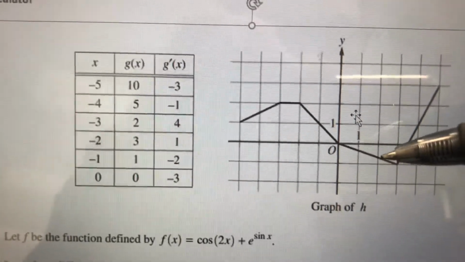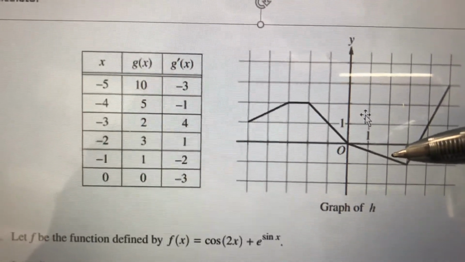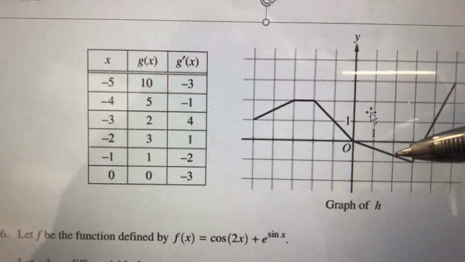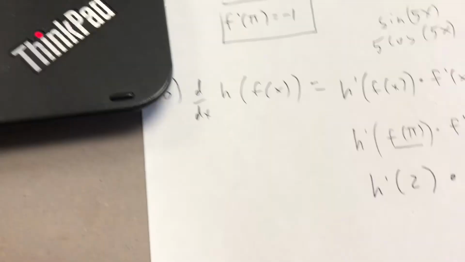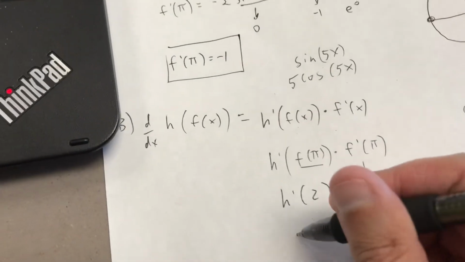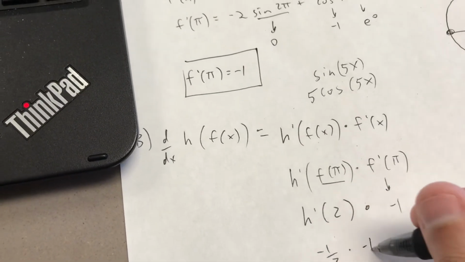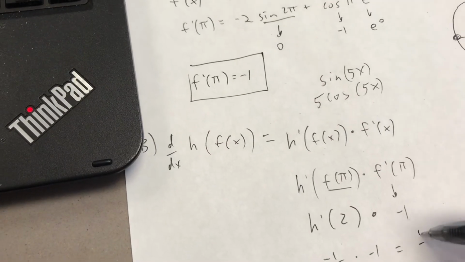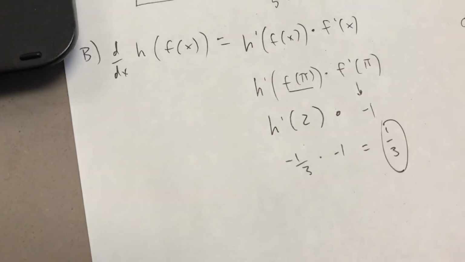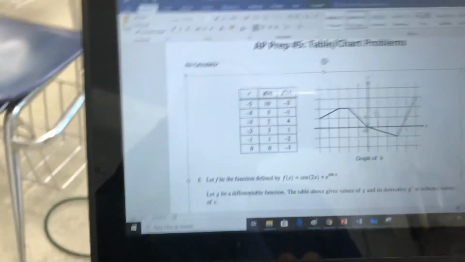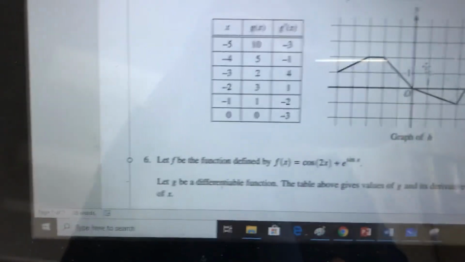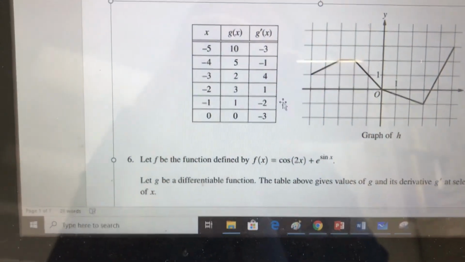Anyway, if you count the rise and the run there, that slope is -1/3. So the derivative there at that point where x is 2 is -1/3. Okay, so we have -1/3 times -1, and that looks like that's going to give me an answer of +1/3. So again, we haven't done any difficult calculus here. We've had to sift through a lot of things, but the basics have been pretty easy.